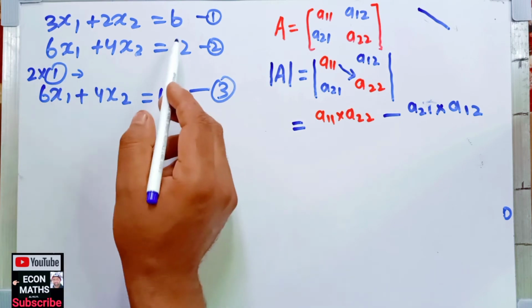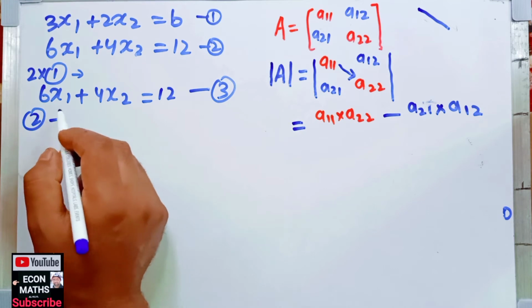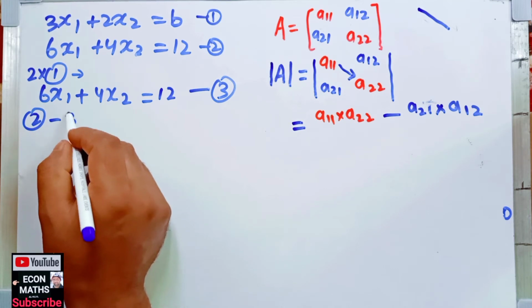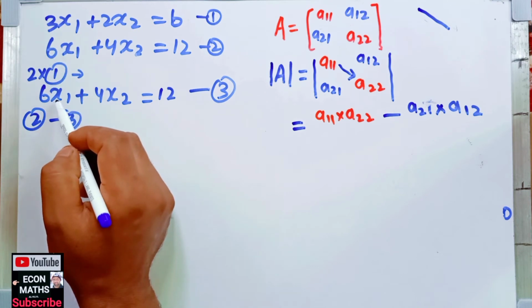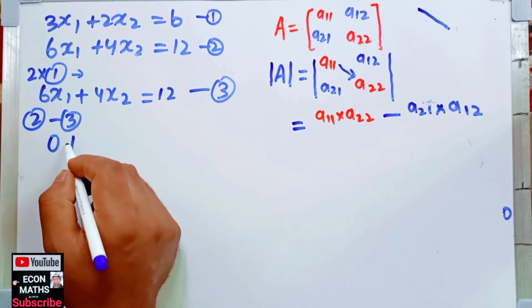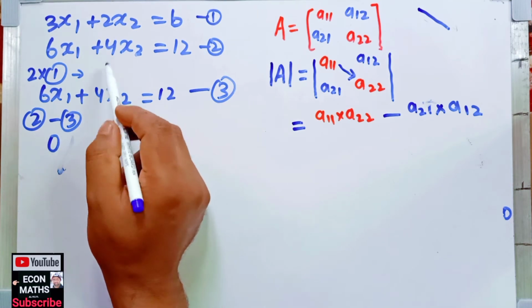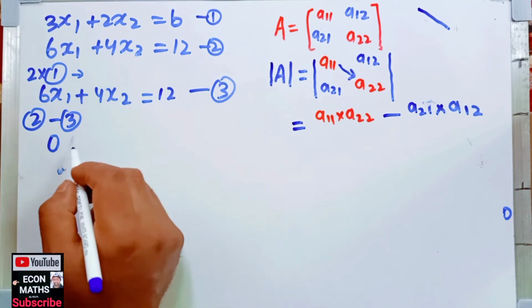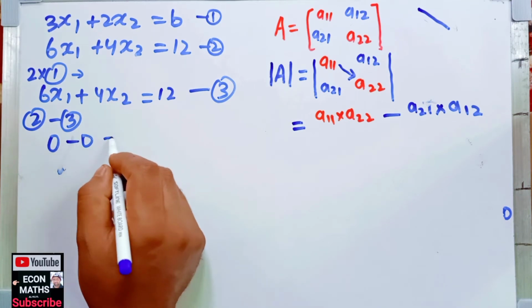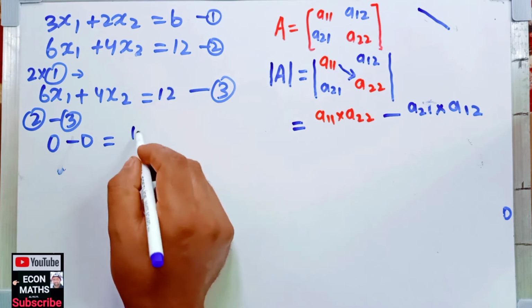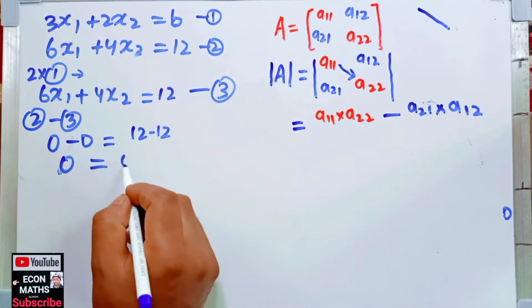Now we will subtract these two equations, subtracting equation 3 from 2. Now if I subtract, here it is 6x1 minus 6x1, so this is 0. Similarly, 4x2 minus 4x2 is also 0, and here we have 12 minus 12, so this will become 0 is equal to 0.